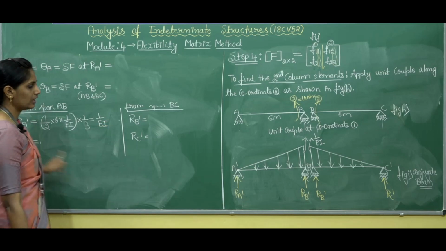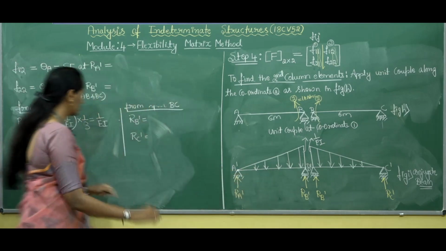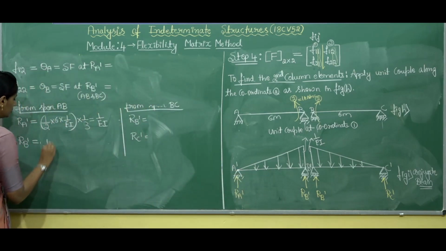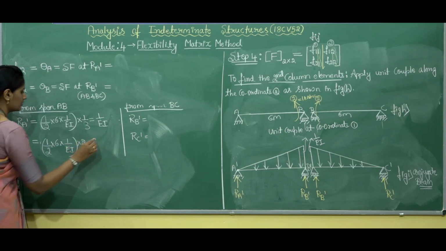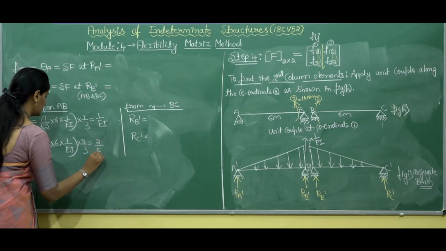So if you want to find out the RB dash, clear? So again take the load, half into base into height multiplied by 2 by 3. So this gives you 2 by EI.